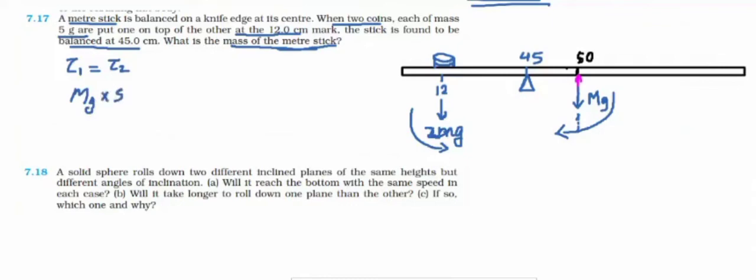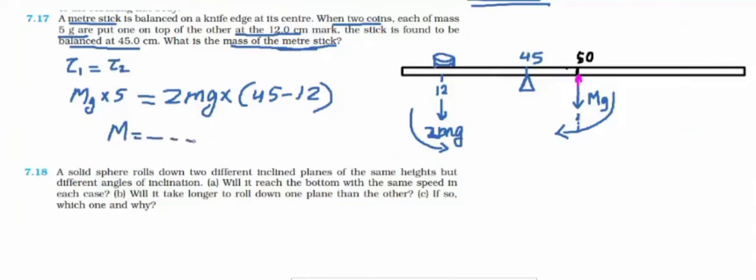Mg into 5, because here 50 minus 45 is 5, is equal to 2mg, where m is small m, into the difference 45 minus 12. Now g cancels, you can simplify the equation, and the small m value is 5 gram. So find the value of capital M, and you will get the mass of the scale. The mass of the scale is obtained.